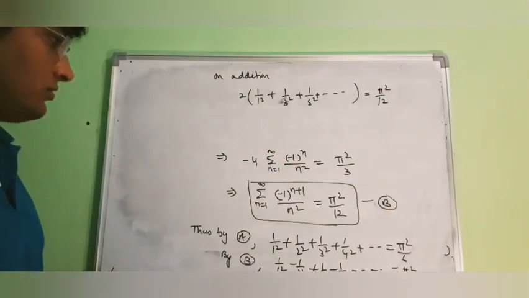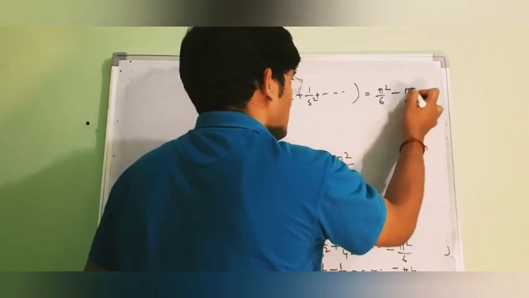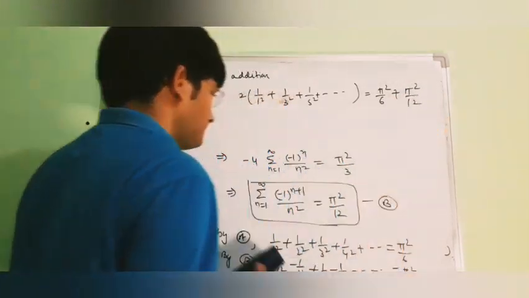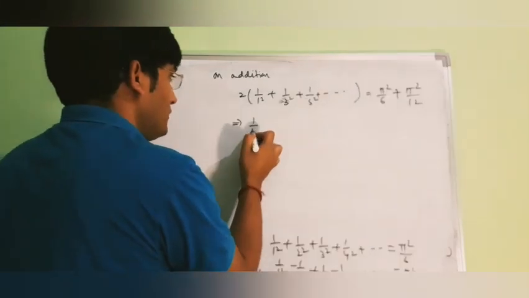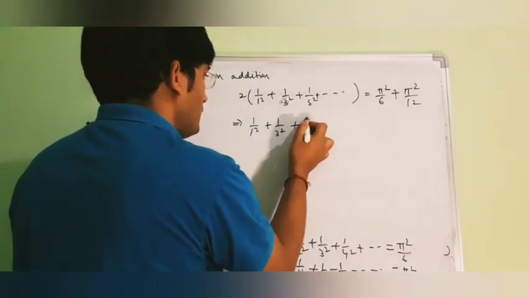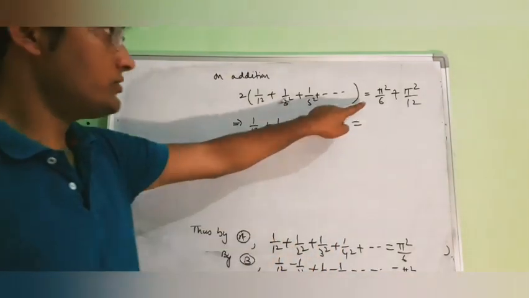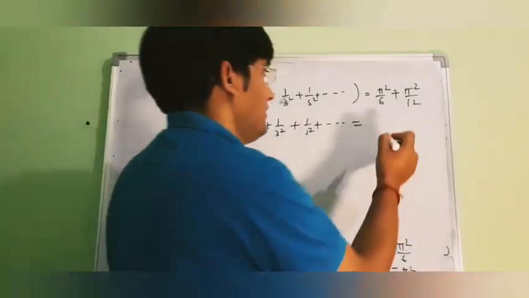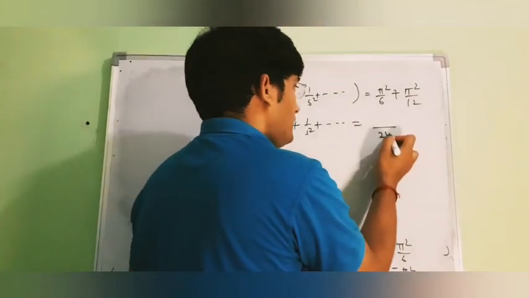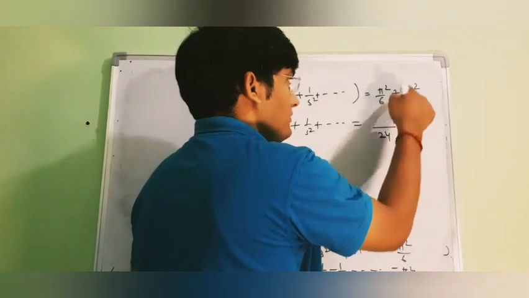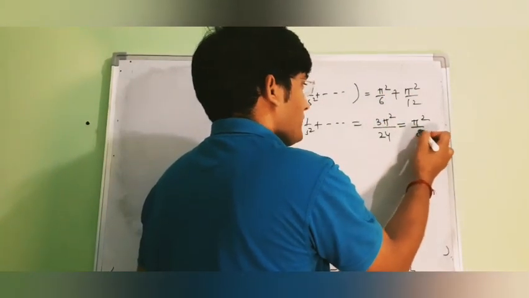On the right hand side we will have pi square by 6 plus pi square by 12. So 1 upon 1 square plus 1 upon 3 square plus 1 upon 5 square plus and so on is equal to, now the LCM of 6 and 12 is 12, and from the left hand side this will be 2. Now 2 pi square plus pi square, so 3 pi square by 12, divided by 2 gives 24, so this is pi square by 8.